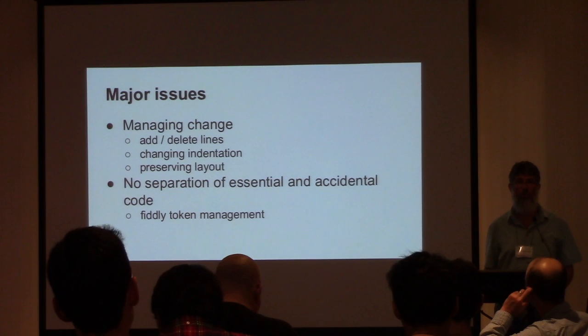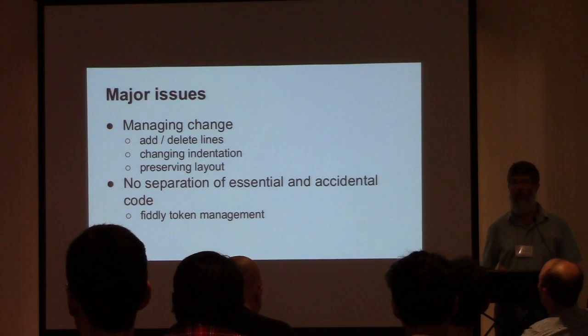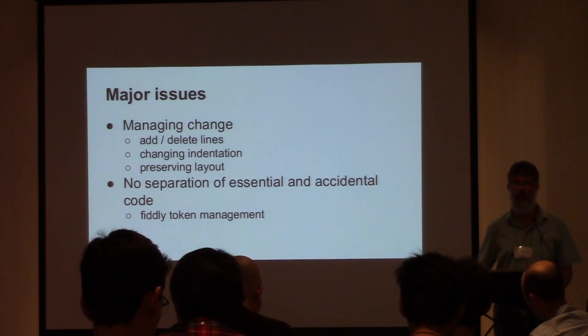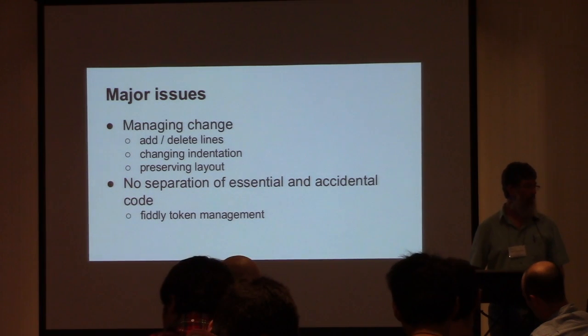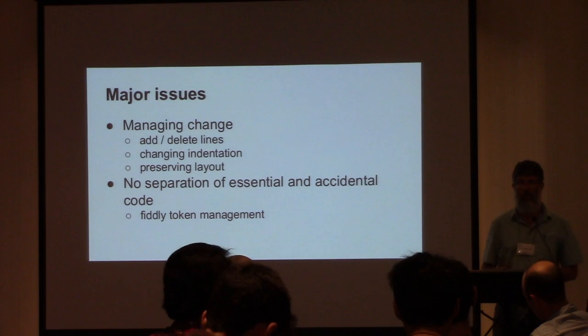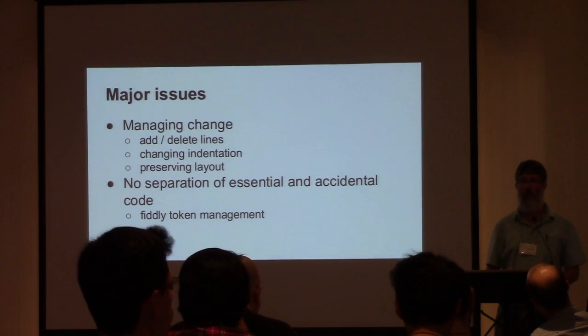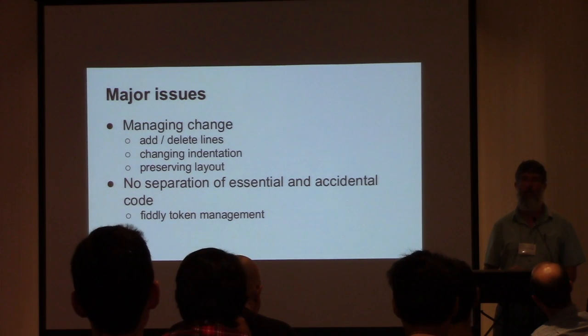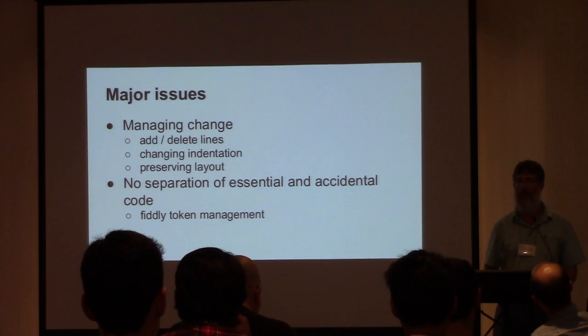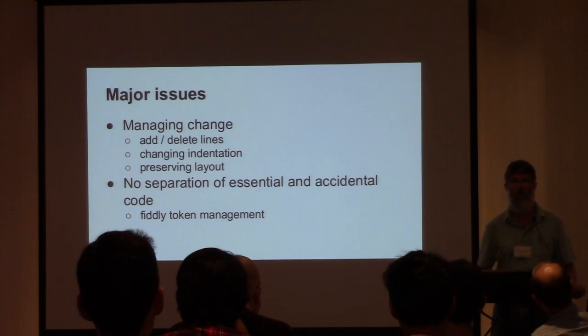If you want to add a declaration somewhere, you've got to make sure that the layout rules are followed. It's all immensely complicated. And in writing your actual refactorings, you do one or two lines of updating the AST and then 40 lines of messing around with tokens. So it's basically just not practical.